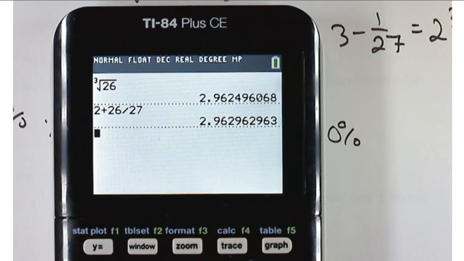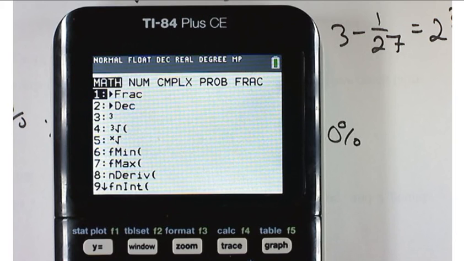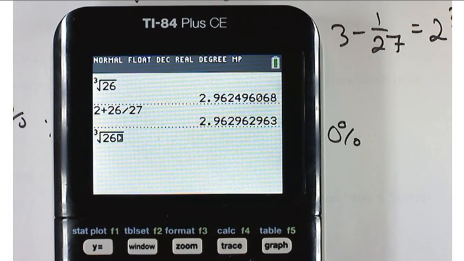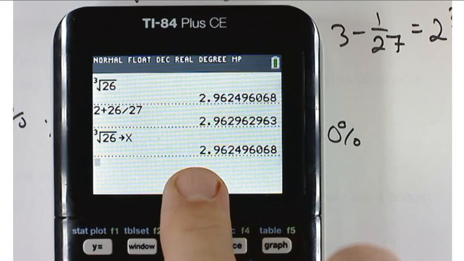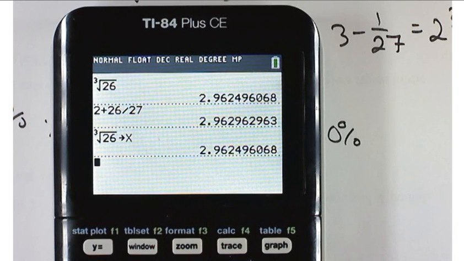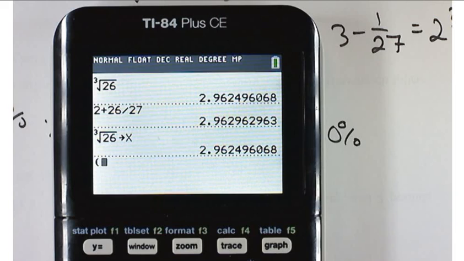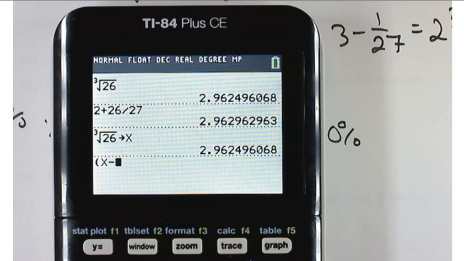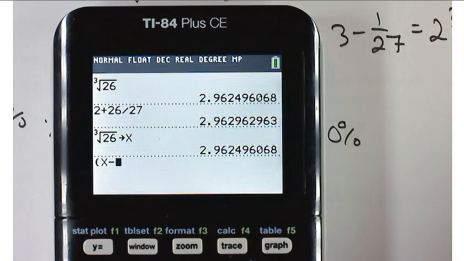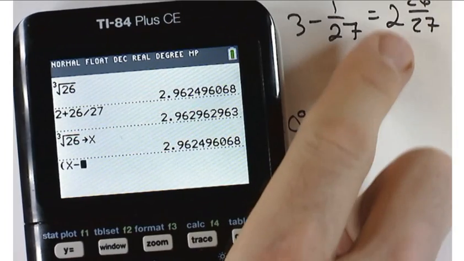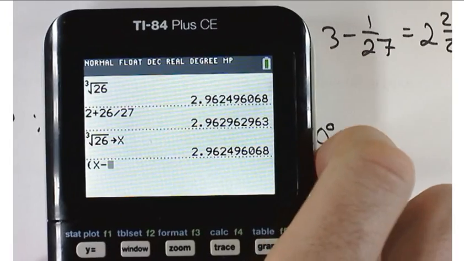So here's what I'll do, just to make my life a little bit easier. I'm going to take the cube root of 26 and store it in x. Now I want to compare the true value to my approximate value. I'll take parentheses x minus 2 and 26 over 27, that's the approximate value.